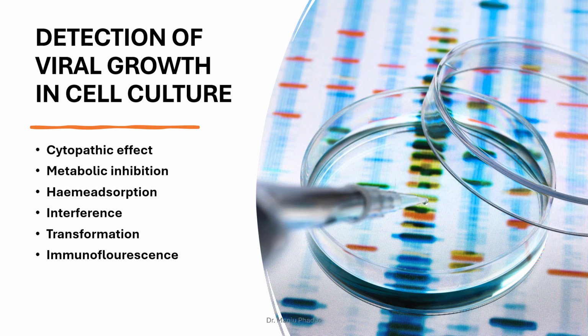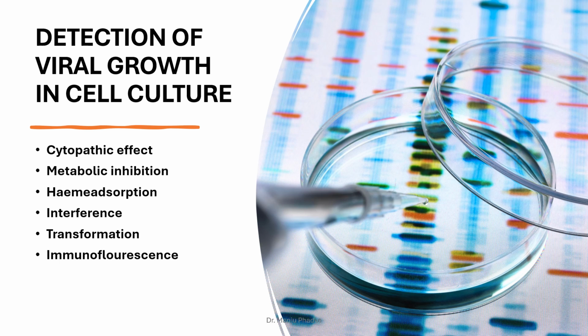The growth of a non-cytopathogenic virus in the cell culture can be tested by subsequently challenging the same culture with a known cytopathogenic virus. So the cytopathogenic virus will bring about cytopathic effects. However, if no cytopathic effects are observed on challenging the same cell culture, it means the previously inoculated non-cytopathogenic virus has grown.